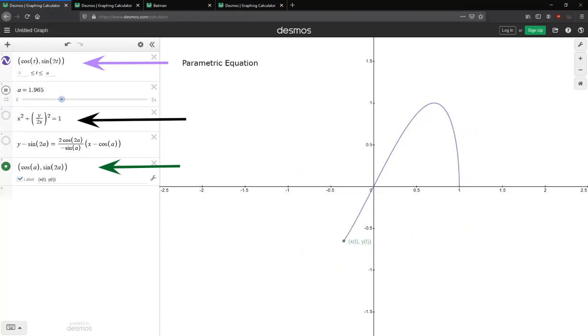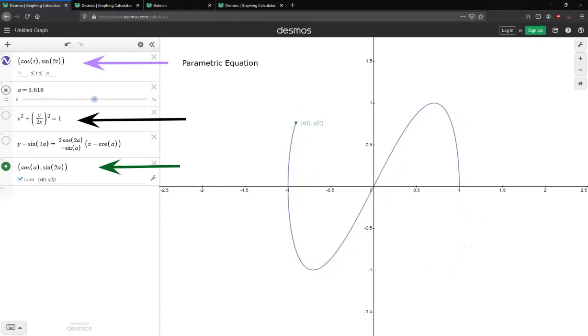And if I highlight every coordinate that the moving point has visited, I will get the picture of the curve that I'm interested in. And again, this is called a parametric equation.